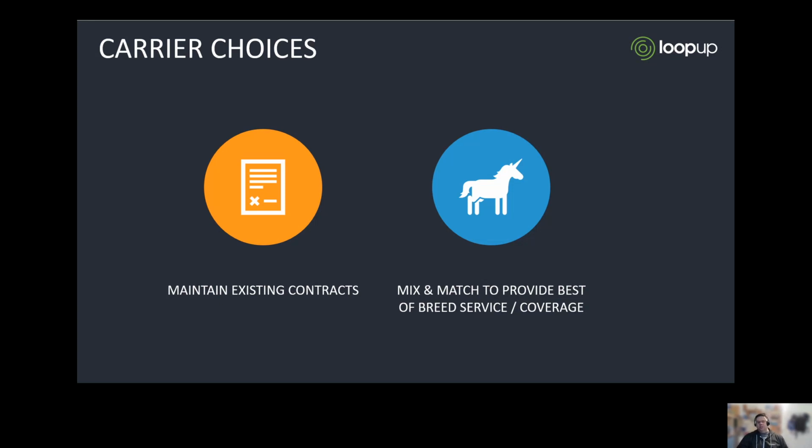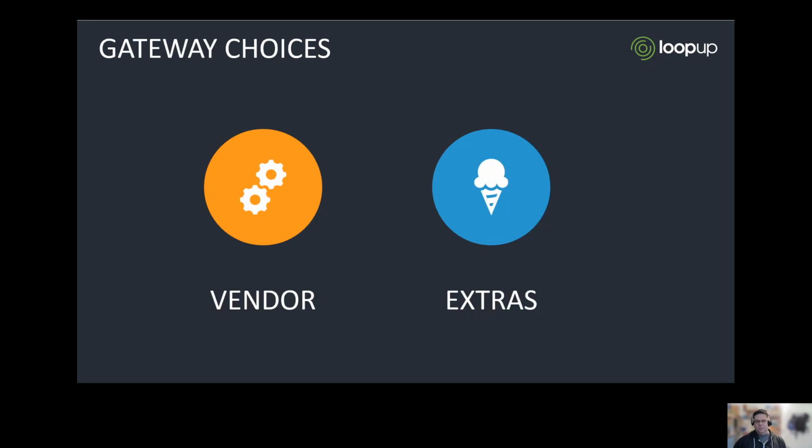So you could do that with direct routing by taking a gateway, deploying it there, still keeping those contracts for those lines that you've got. Or maybe you need to mix and match to get different carriers to provide you with service in different parts of the world. Or again, you can come talk to someone like us, because that's what we do, is we deal with those carriers on your behalf and get coverage. But again, it's direct routing that lets us do that.